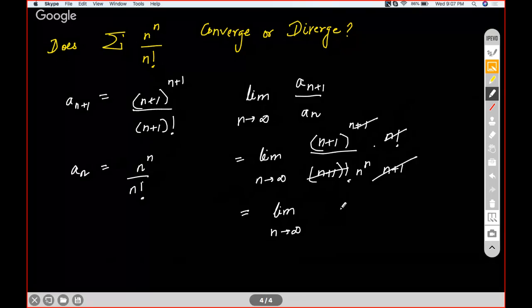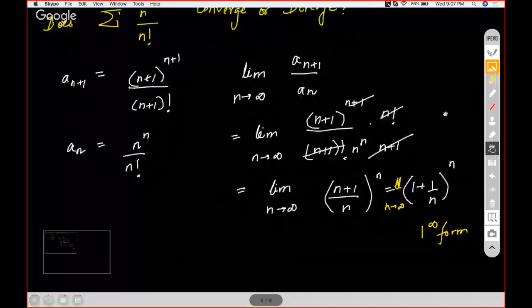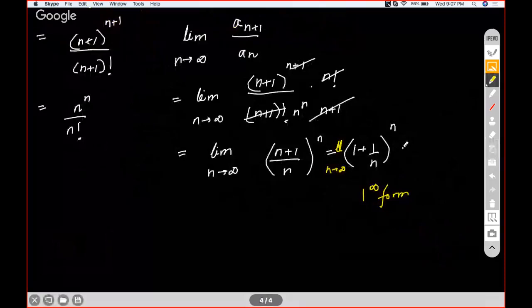So it'll give you n plus 1 by n to the power of n, which is nothing but 1 plus 1 by n to the power of n. Now this type of limit is termed as the 1 to the power infinity form of limit, and I think I've done a similar type in the class as well. So the answer for this is e.